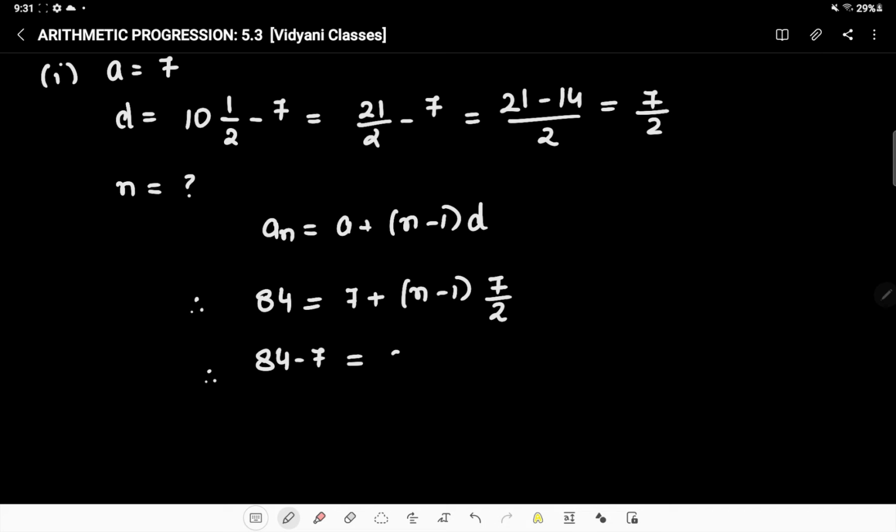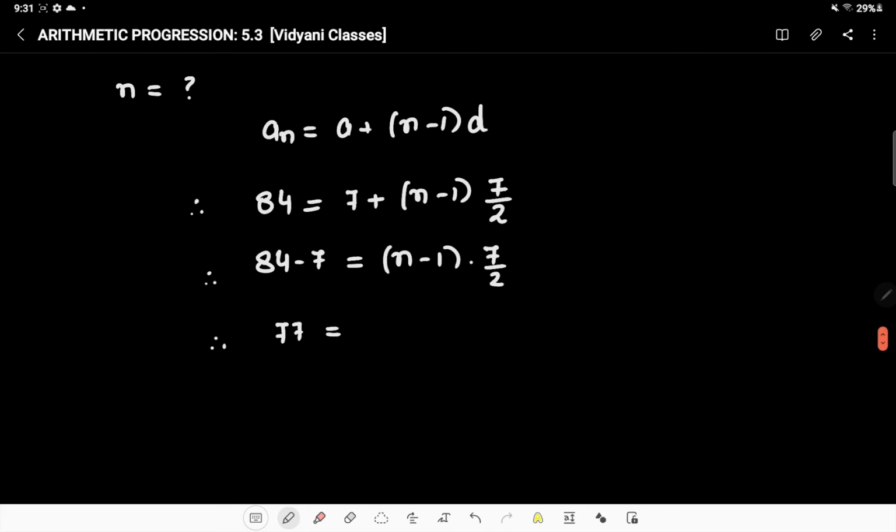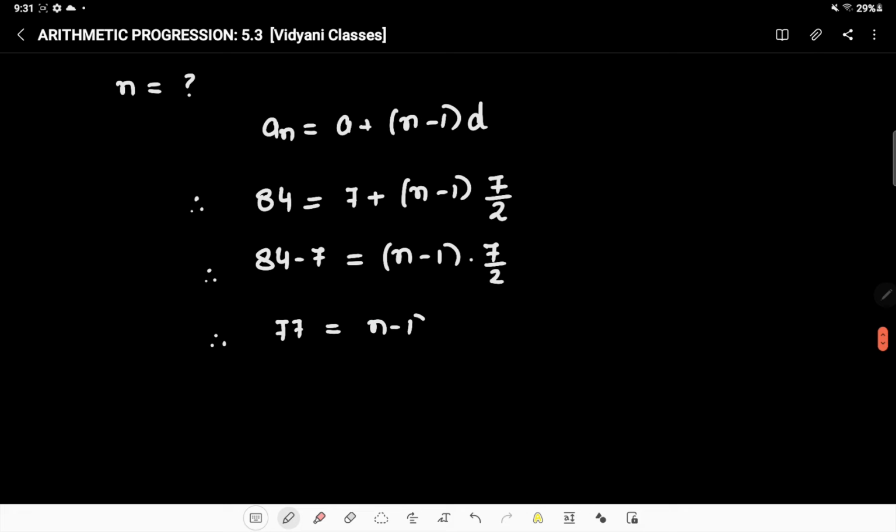84 minus 7 equals n minus 1 into 7 by 2. Therefore this comes out to be 77 equals n minus 1 into 7 by 2.